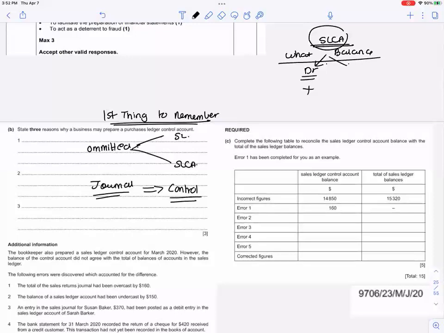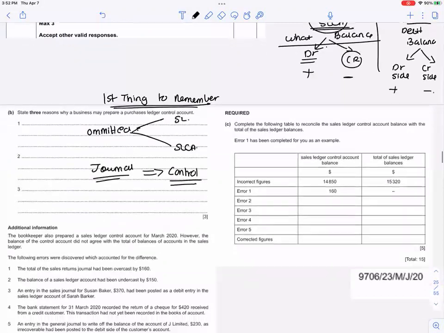If I have to put anything on the credit side of SLCA, I will subtract. Similarly with the sales ledger, the trade receivable account has a debit balance. If I have to put anything on the debit side, I will add. If on the credit side, I will subtract. Any doubt with this?